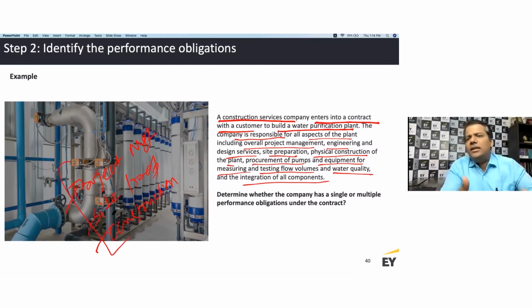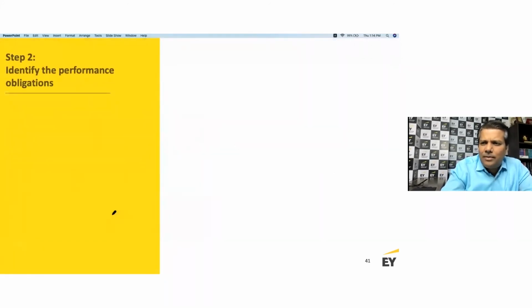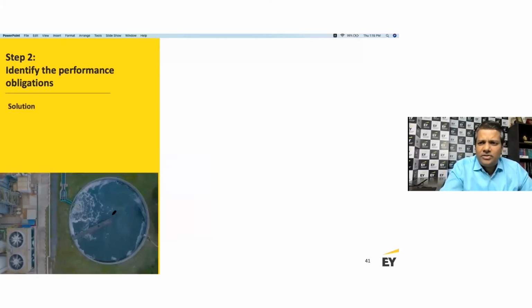And when you think through this whole scenario, you've been given a project to do a construction of a purification plant. The project is not to only do a design. The project is not to do site preparation, and so on and so forth. So from a customer's standpoint, even though they are distinct activities, they are not capable of being distinct in the context of the contract.